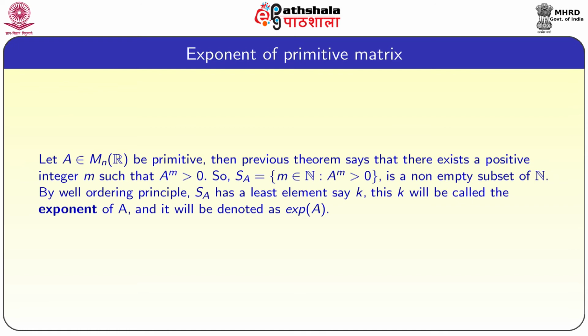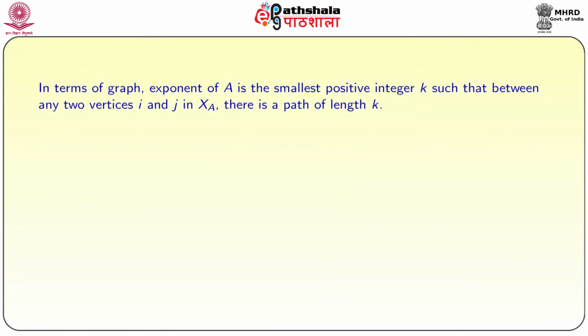This k will be called the exponent of A and is denoted exp of A. In terms of graph, the exponent of A is the smallest positive integer k such that between any two vertices i and j in XA, there is a path of length k.